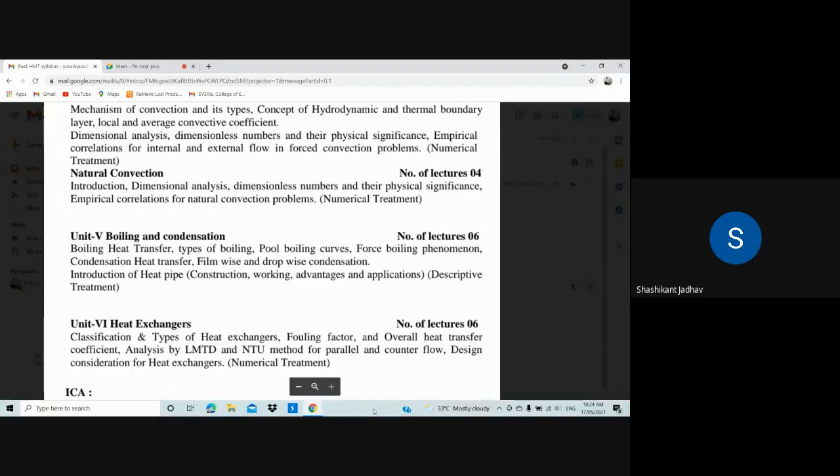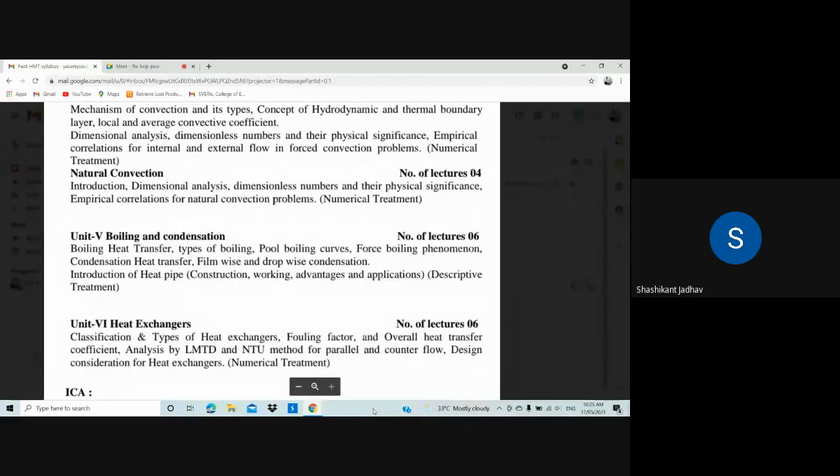Introduction of heat pipe, in bracket: construction, working, advantages and applications.